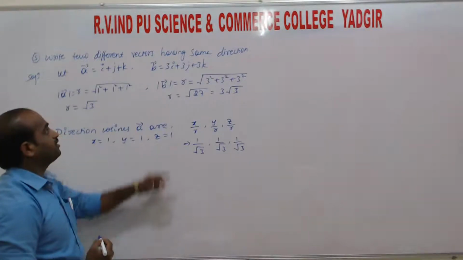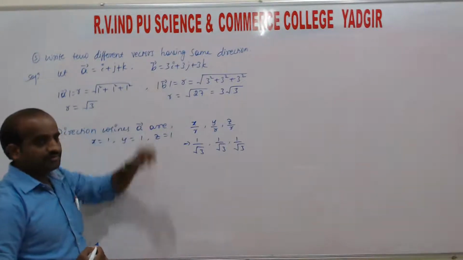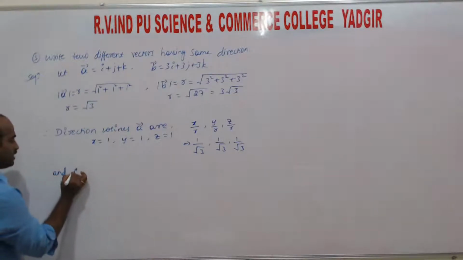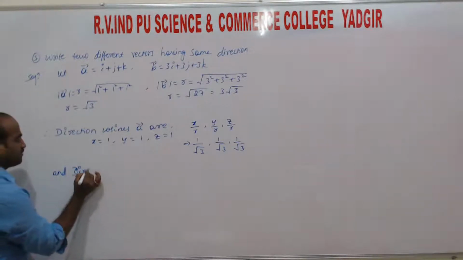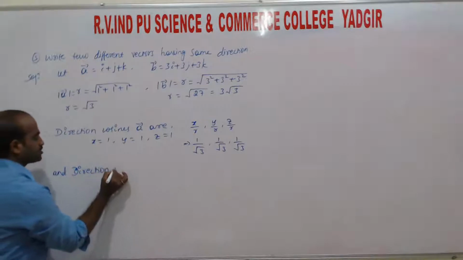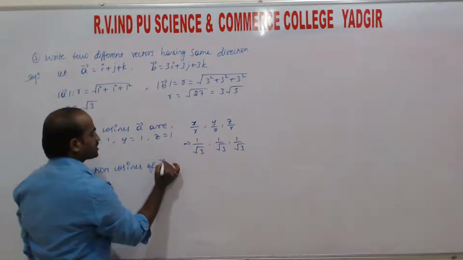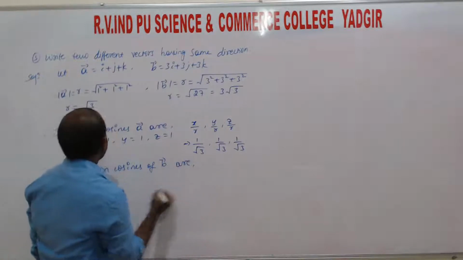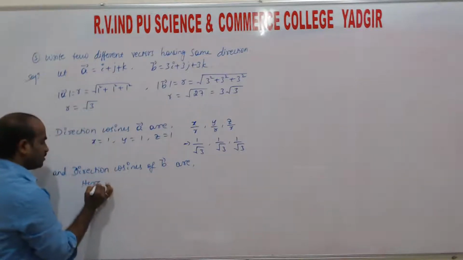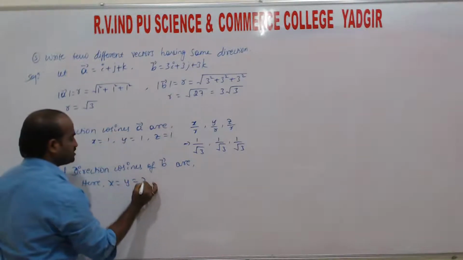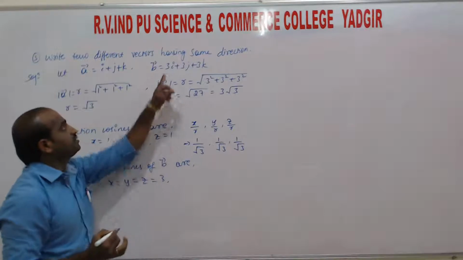Next, you have to find the direction cosines of b vector. Here x is equal to 3, y is equal to 3, z is equal to 3.